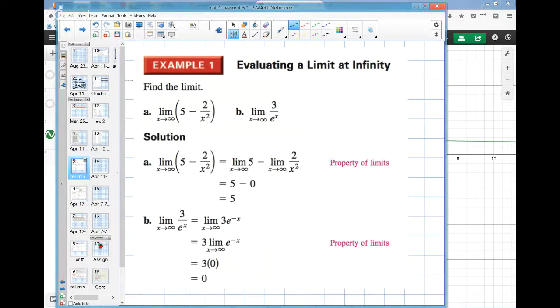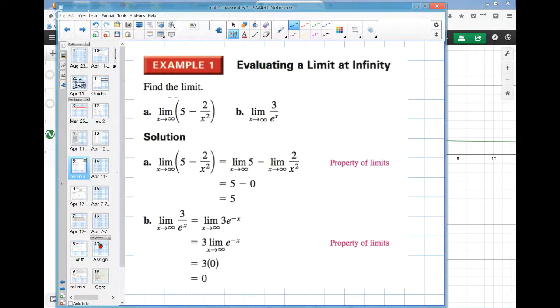Do you see that? As x approaches positive infinity, what happens to 5 minus 2 over x squared? Well, the limit of 5 has nothing to do with what x is. That's going to be 5. But that fraction, what will 2 over x squared be as x approaches infinity? What happens when you square infinity? It's just massively large, right?